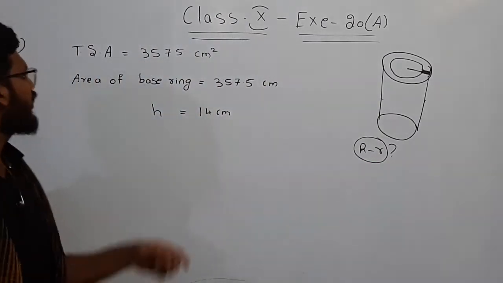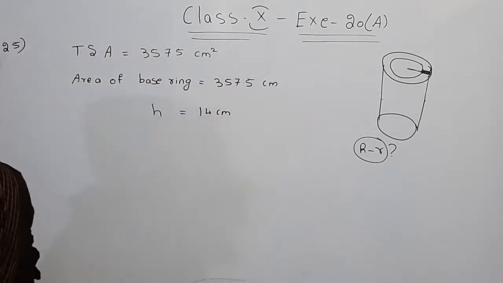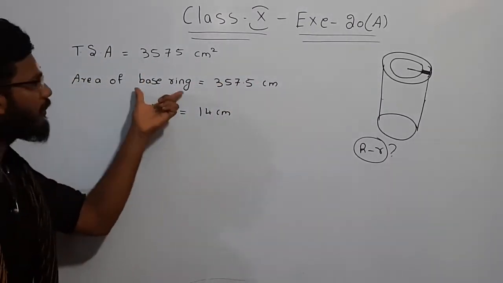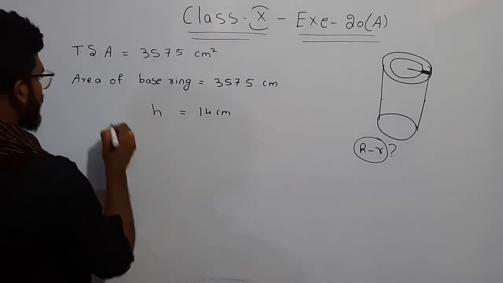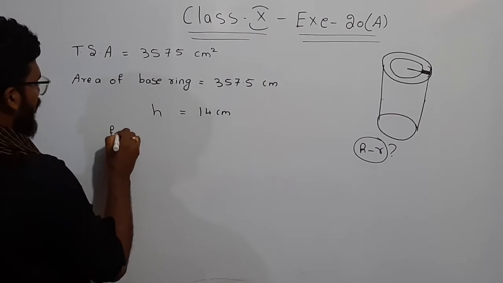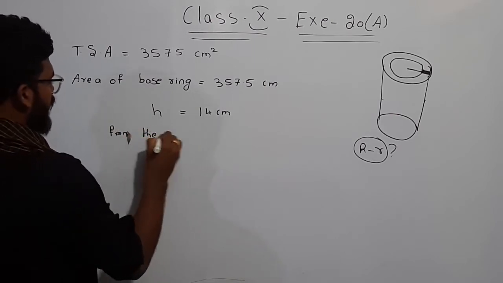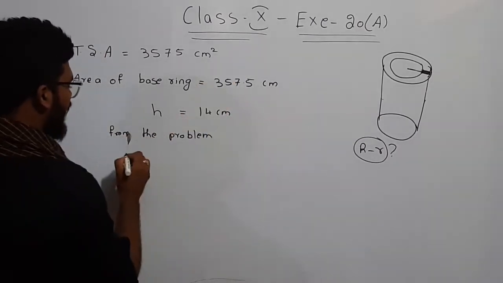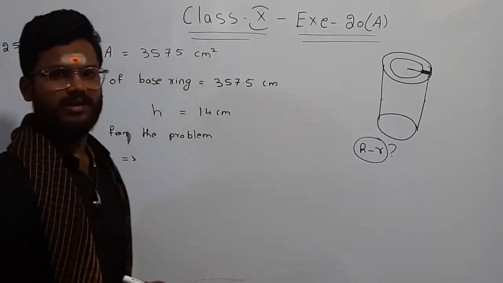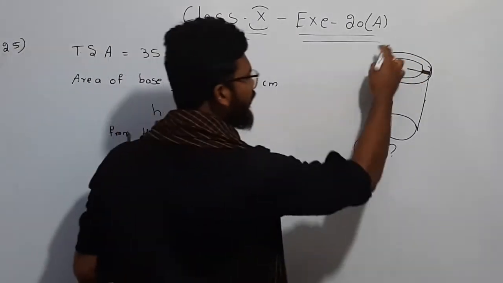Let us see what we know. TSA of a hollow cylinder, we know the formula, right? And next, area of the base ring. First, I am taking the area of the base ring. So, from the problem, area of the base ring equal to 357.5. Area of the base ring, it is a ring, right? It will be in the shape of a ring.